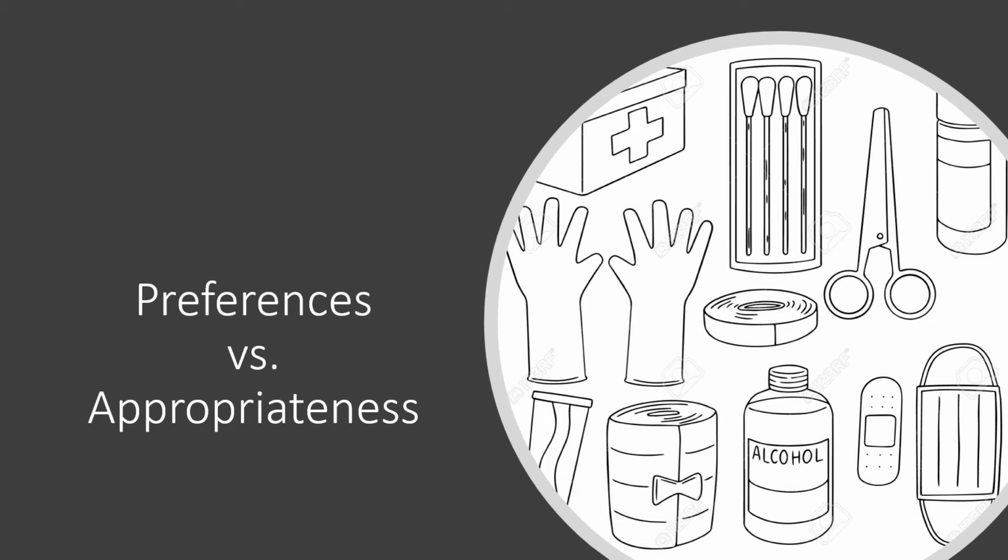So, preferences versus appropriateness. There are three different methods of dosage calculations: the formula method, ratio proportion, and dimensional analysis. Now, dimensional analysis is going to be common with conversion factors, but later on, with other types of dosage calculations, dimensional analysis is not quite appropriate.